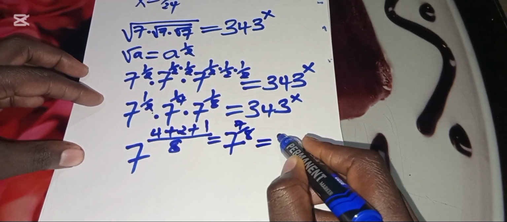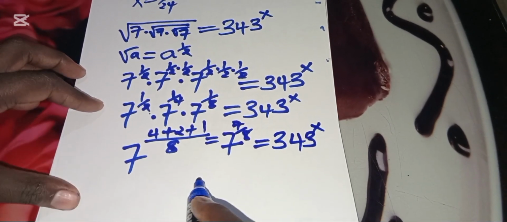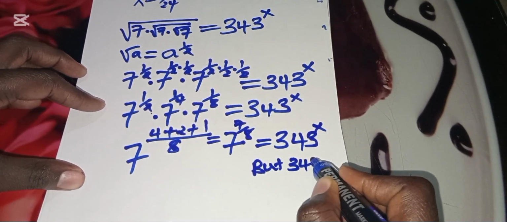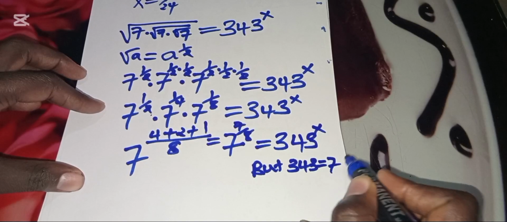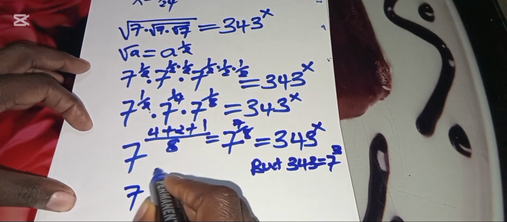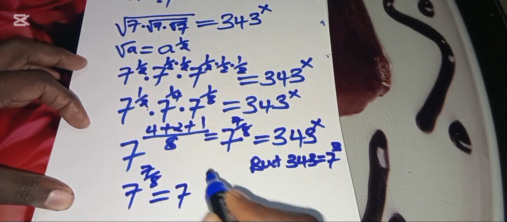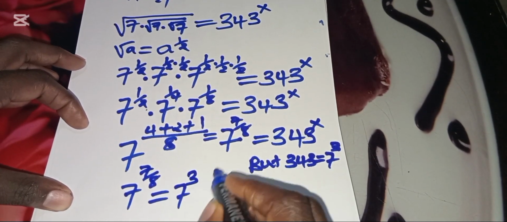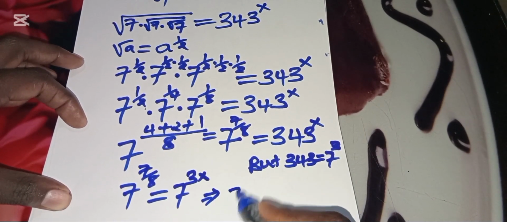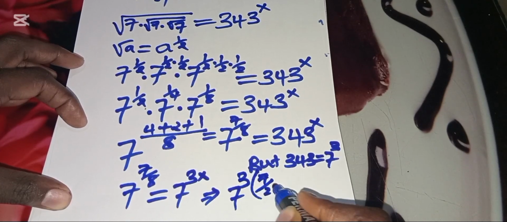This is supposed to give us 343 raised to power x. But 343 can be expressed as 7 raised to power 3. So now you'll have 7 raised to power 7 over 8 equal to 7 raised to power 3 multiplied by x. Let's substitute the value of x, which is 7 divided by 24.